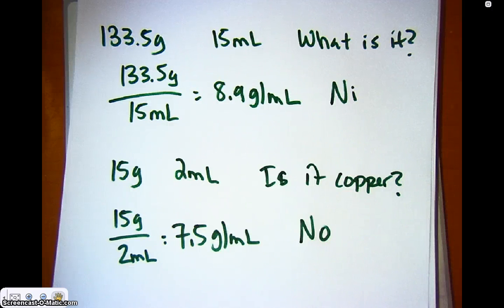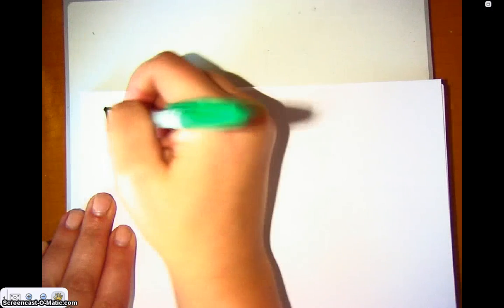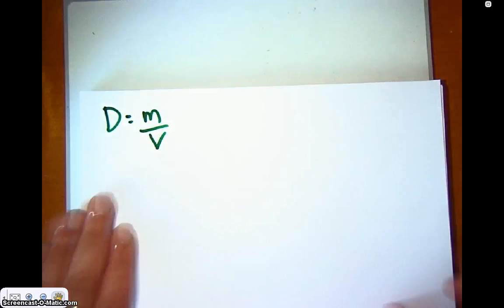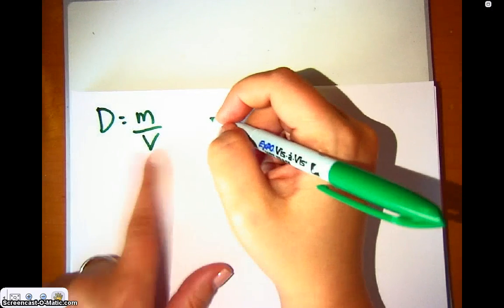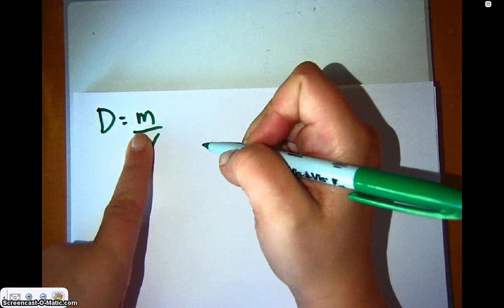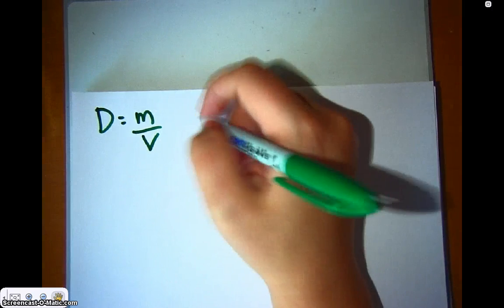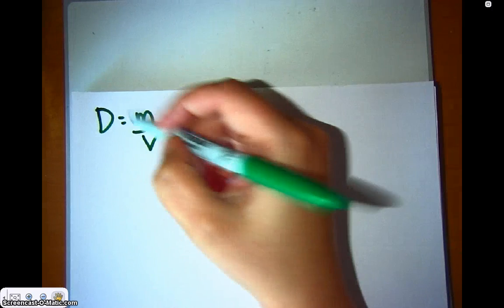Now, I could also ask you then at that point, well, if this was a sample of copper, how much should it have actually weighed? Okay? So in that case, knowing the density, let me just write my equation one more time here. So the density of copper is 8.92. So what I would want to do is solve for, if I had a 2 milliliter sample, what should the mass actually be? So I'm going to solve this equation for mass by taking density times volume, multiplying by volume on both sides.